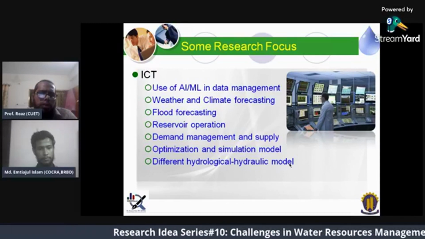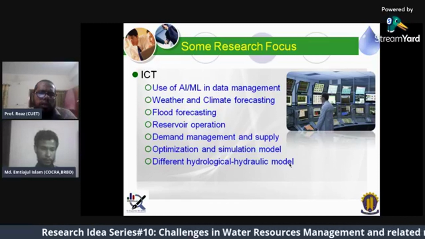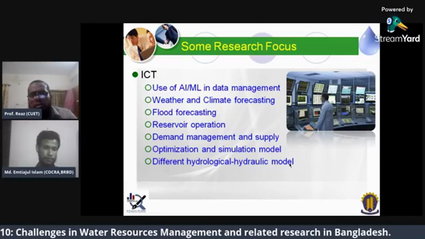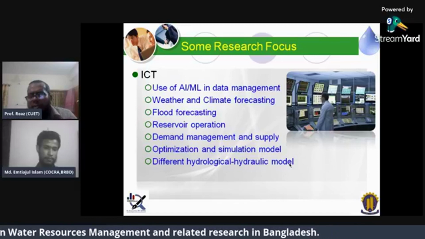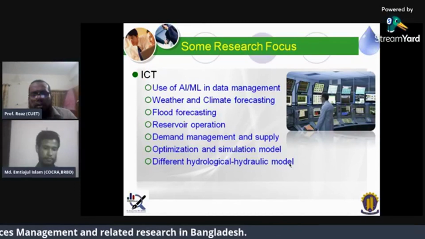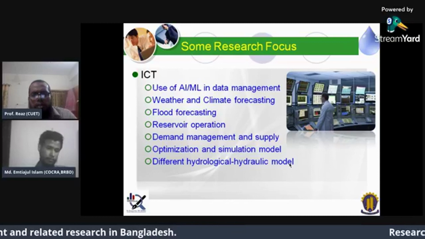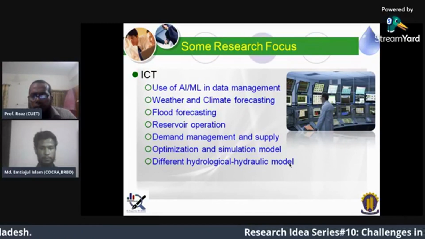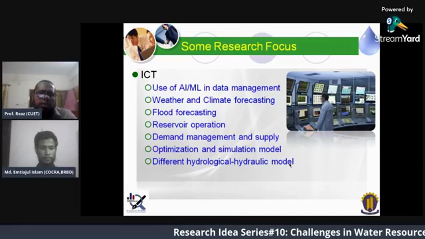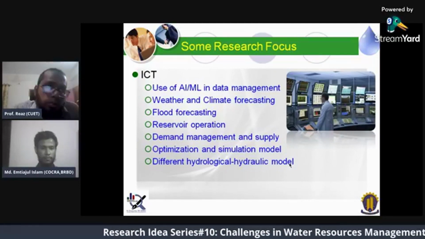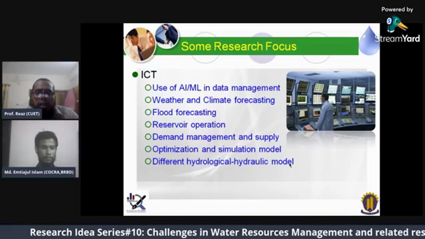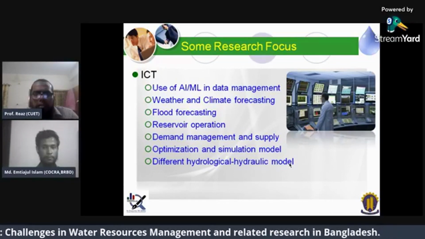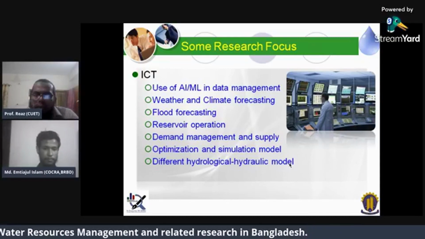Optimization and simulation models, particularly in hydroeconomic models, are based on optimization and simulation. And hydrological and hydraulic models, nowadays we are using several models to see the hydrological and hydraulic behavior of the water bodies, and that is completely based on programming.